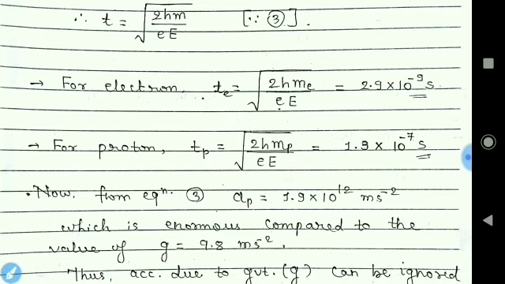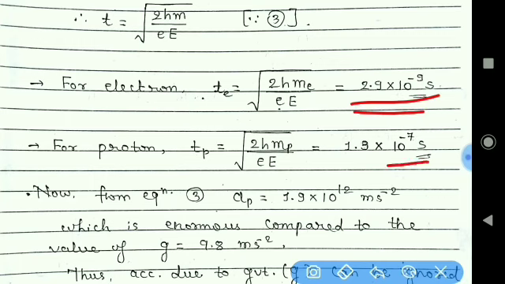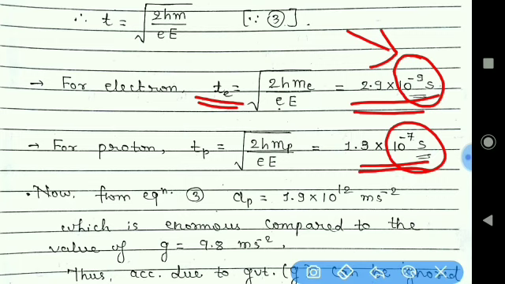In this way you will get the time taken by the electron and by the proton. See, the time taken by the electron is of the order of 10 raised to minus 9, and the time taken by the proton is 10 raised to minus 7. So definitely the time taken is very small. The electron will take less time while the proton will take more time, as the proton is quite heavier than the electron.